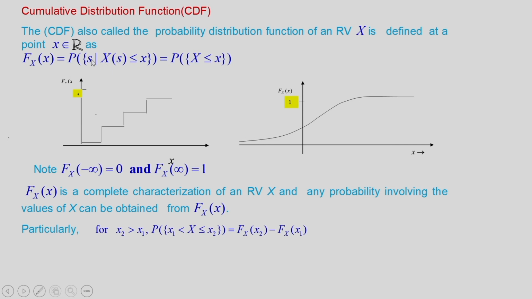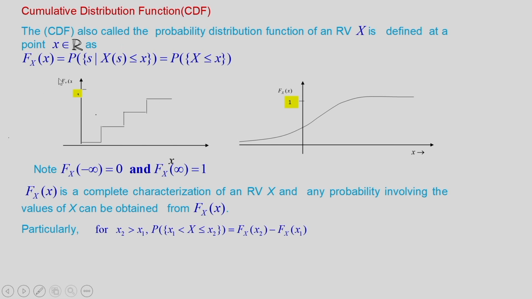So, we have to consider all s for which X(s) is less than or equal to small x. In that sense it is a cumulative probability, and instead of writing this symbol, we write simply probability of X less than or equal to small x.